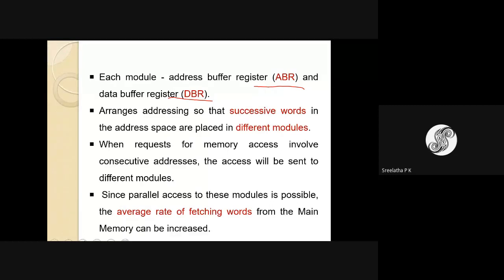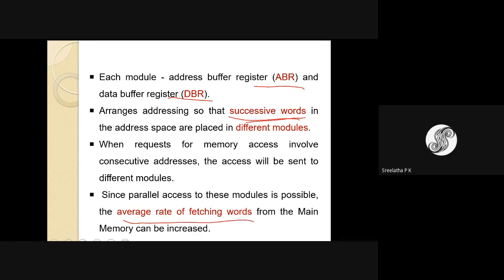Fine, it is successive. The words are accessed from different modules at the same time, which means leaving a gap. So successively stored, successively the modules are accessed. So what happens?